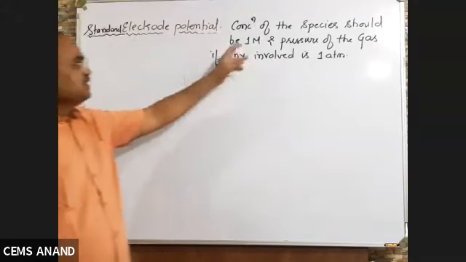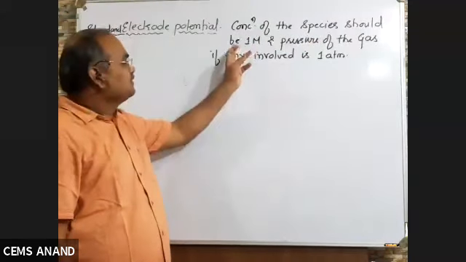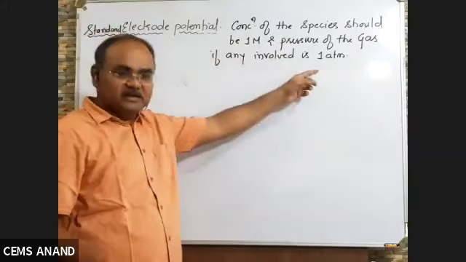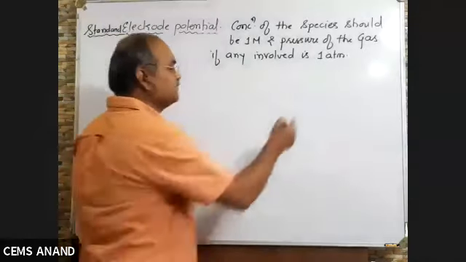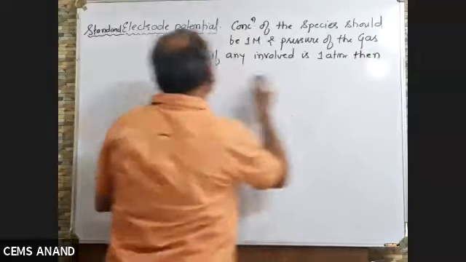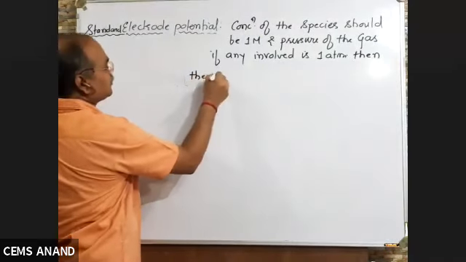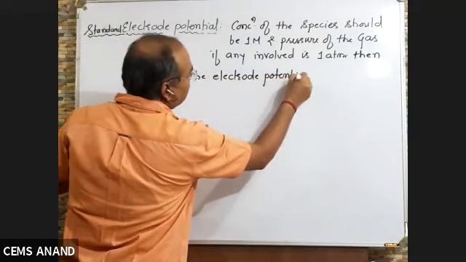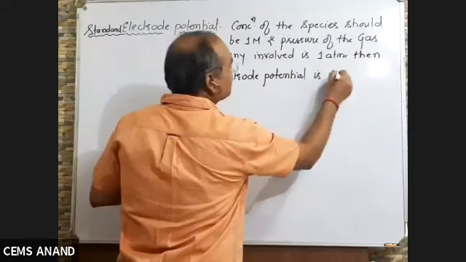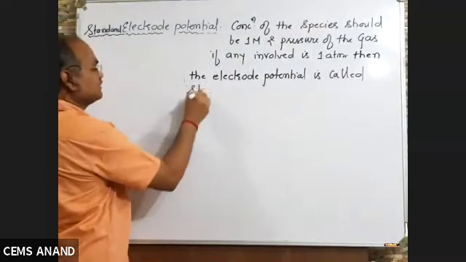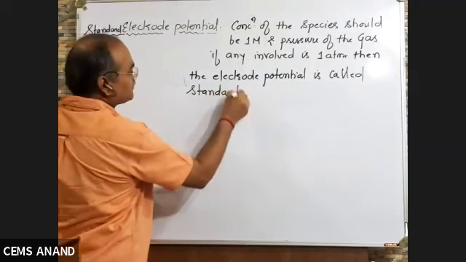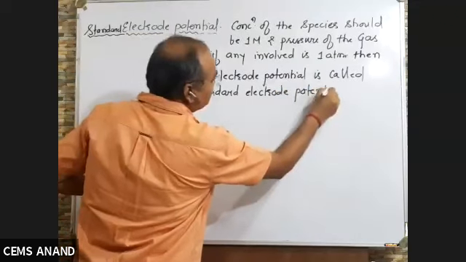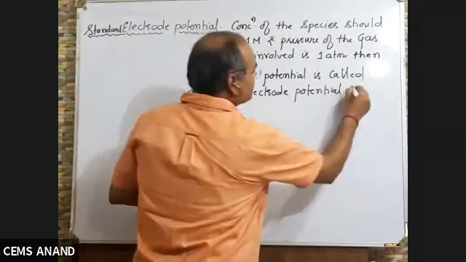Standard electrode potential means if the concentration of the species should be 1 molar and pressure of the gas, if any involved in that electrode, is 1 atm, then the electrode potential is called standard electrode potential, E0.